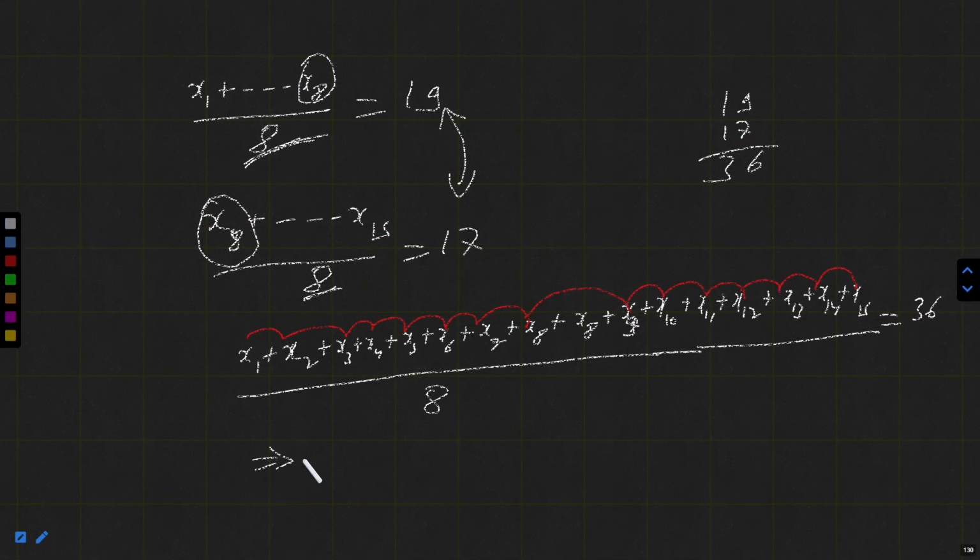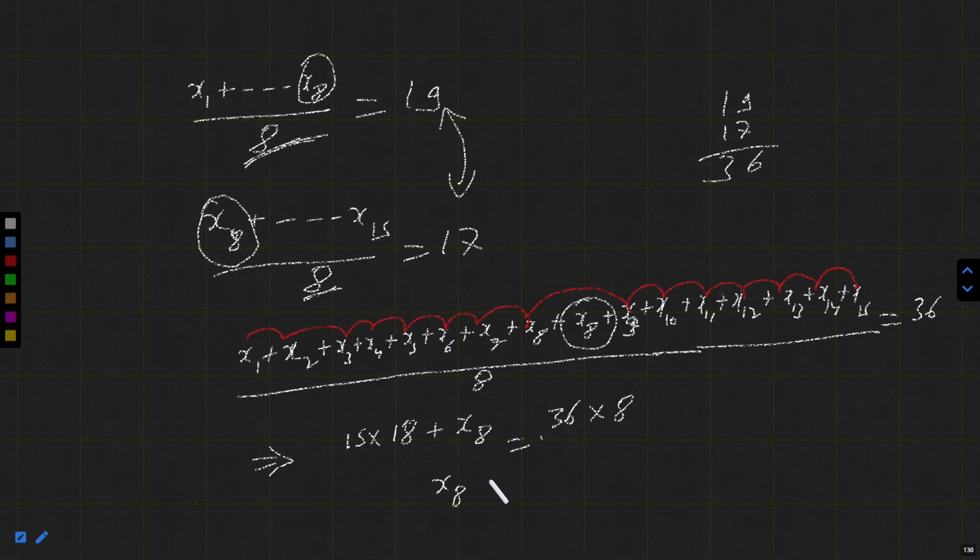So from the above I will get 15 times 18 plus x8, because this remains untouched, divided by 8, which is equal to 36. By doing some multiplication and manipulation, I will get 36 times 8.